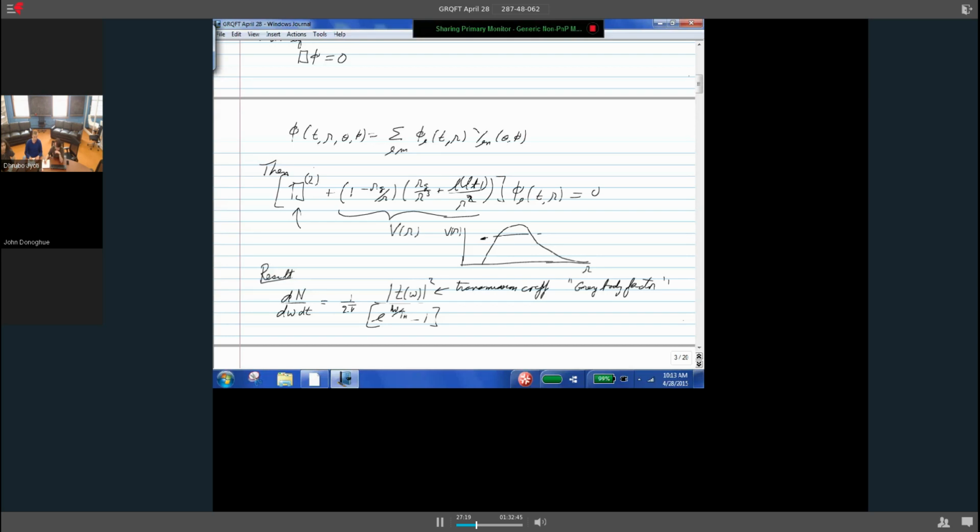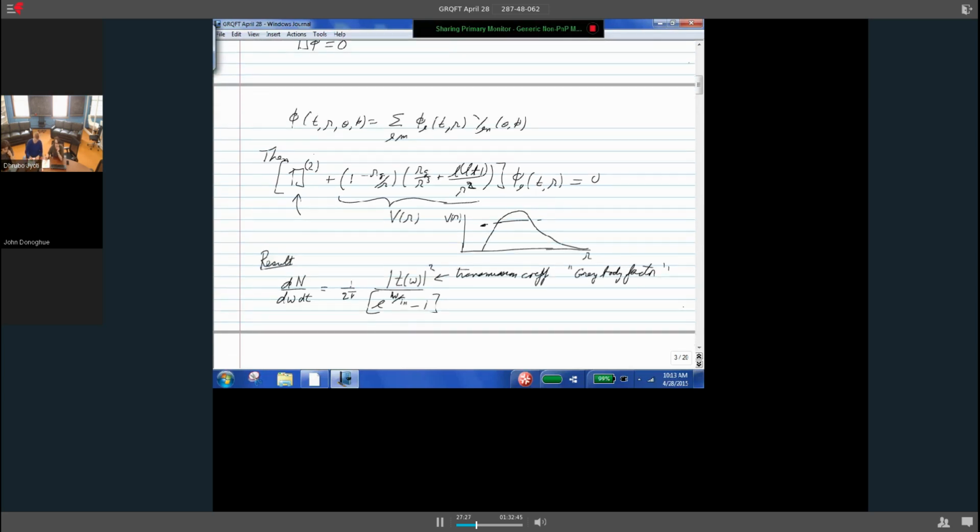The transmission coefficients that take a wave from in here and propagate it through that barrier out. So the transmission coefficient. This is often called the gray body factor.